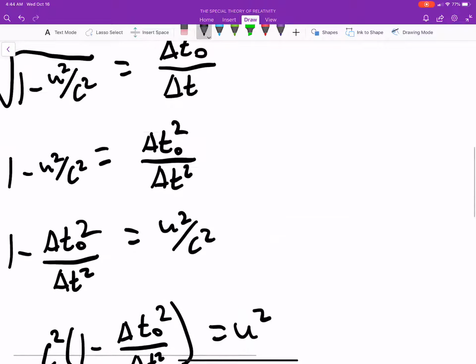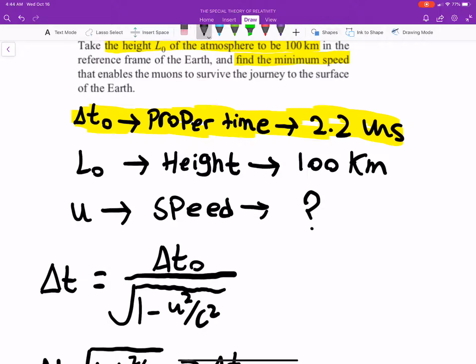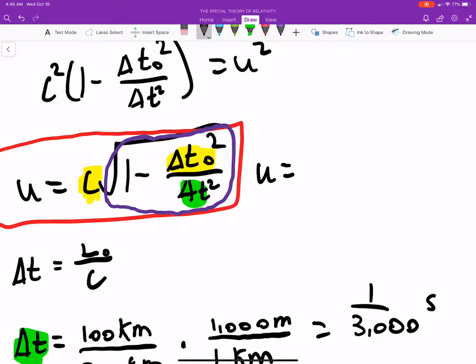Delta T naught was in microseconds. That's why we converted that. That was 2.2 squared all over 333 squared. I'm just throwing this in my calculator real quick. Okay. So that leaves me with 0.99998 c.